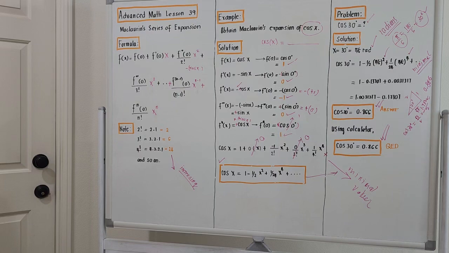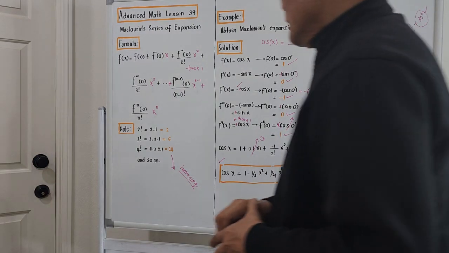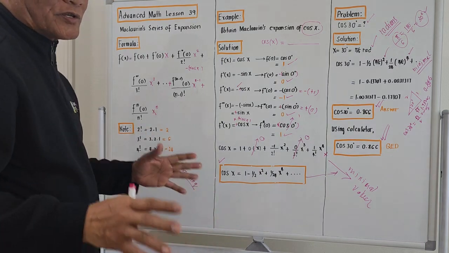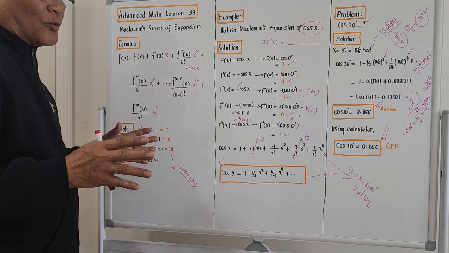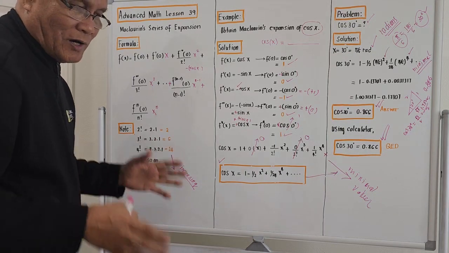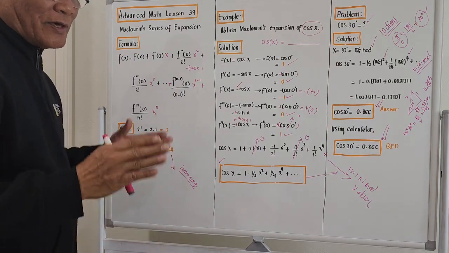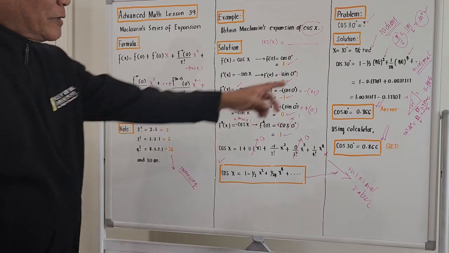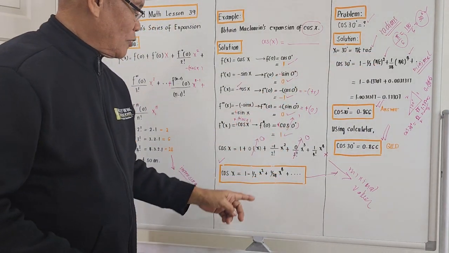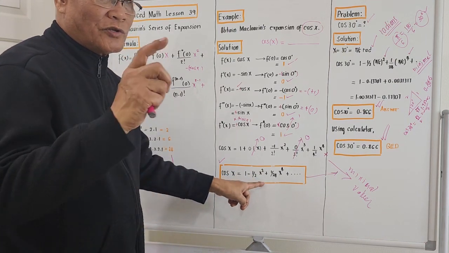Okay? That's it, guys. That's the importance of the so-called Maclaurin series expansion. There will be an equivalent formula on how to take the value of cosine of x, but x should be in terms of radians. So if the given angle is in degrees, before you place it on the formula, you change it to radians.